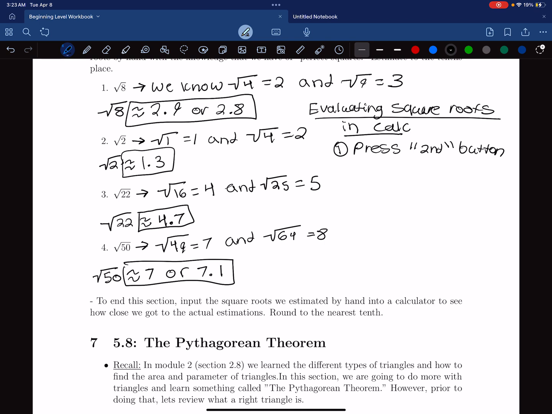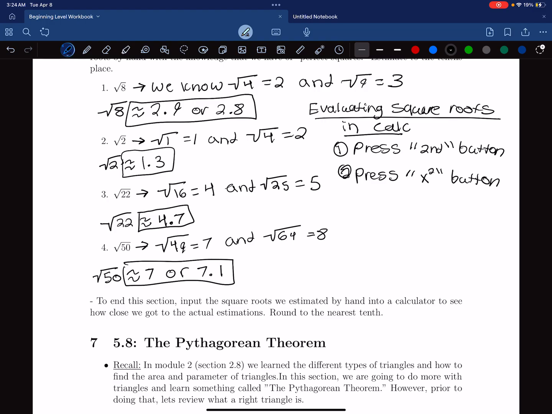When you do that, you're going to press second, and then you should have a button where it says x squared.